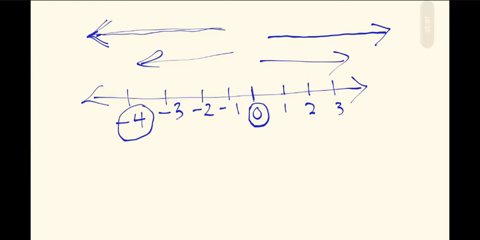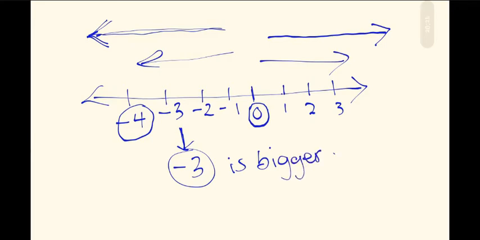So we can say that from this number line we have drawn here, this negative 3 here is bigger than this negative 4 here.